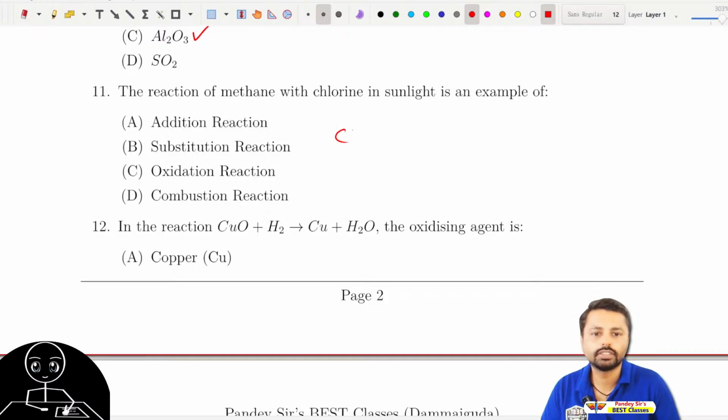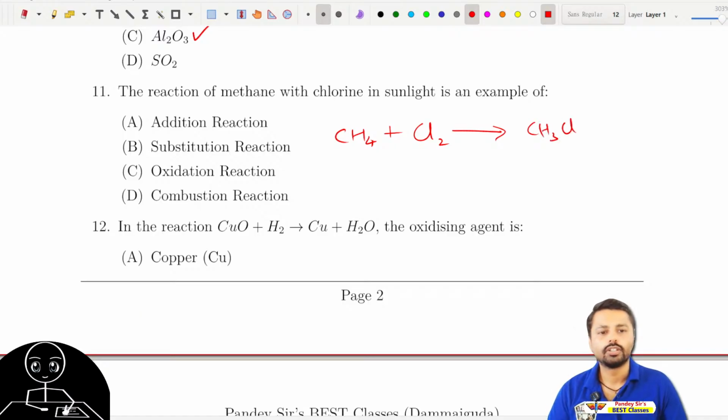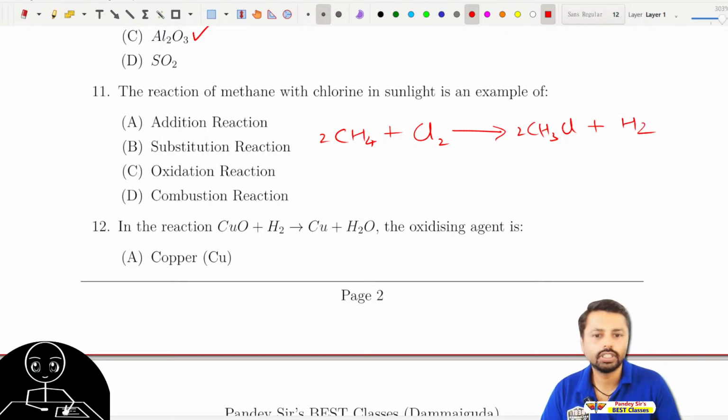The reaction of methane, CH4 plus Cl2, must give you CH3Cl, methyl chloride, plus HCl. I will check this reaction later, but this gives us substitution. This one I am not sure about, I'll check later. It seems to be correct to me. But the correct answer is that substitution is happening.